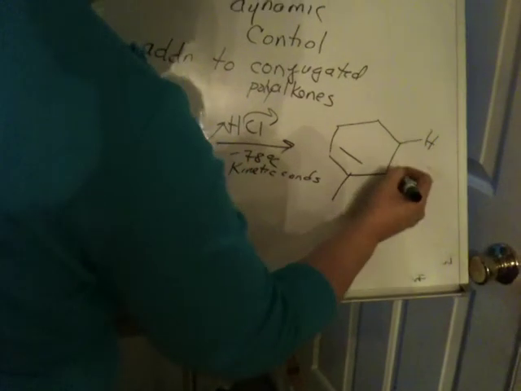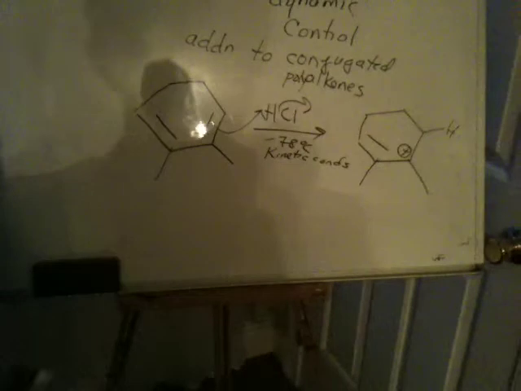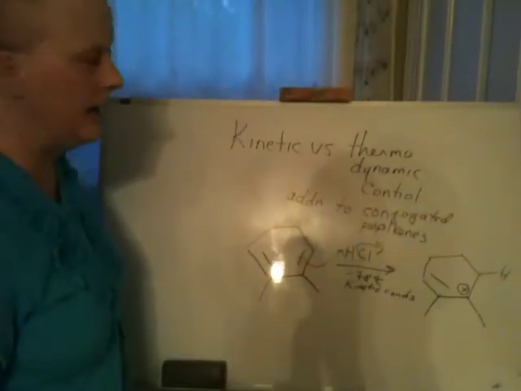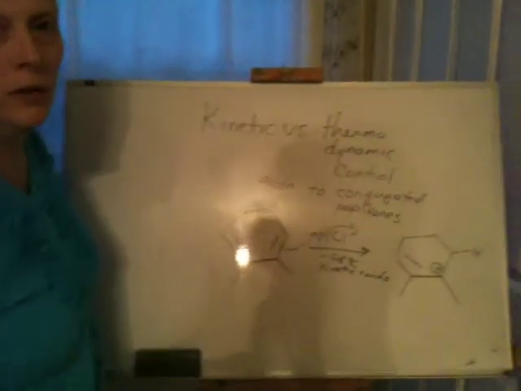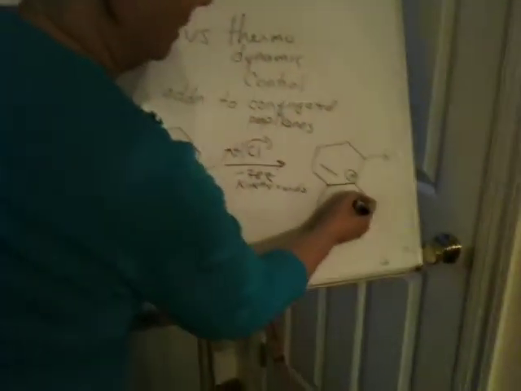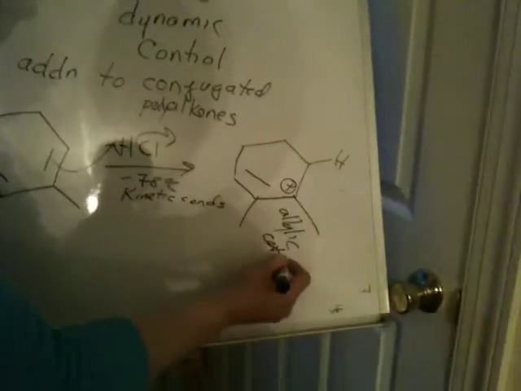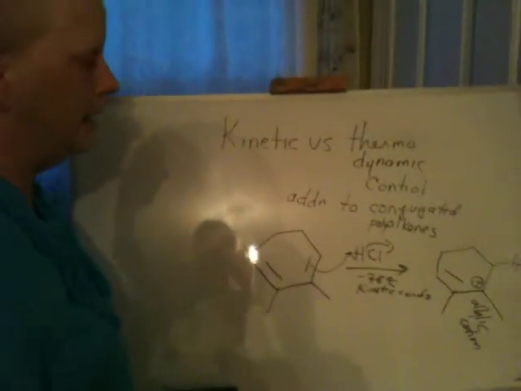We know this reaction produces carbocations. Frequently, the carbocations rearrange. But in this case, we don't get rearrangements because we are in a resonance situation. This is an allylic cation. What do we know about allylic cations? They have resonance stabilization.